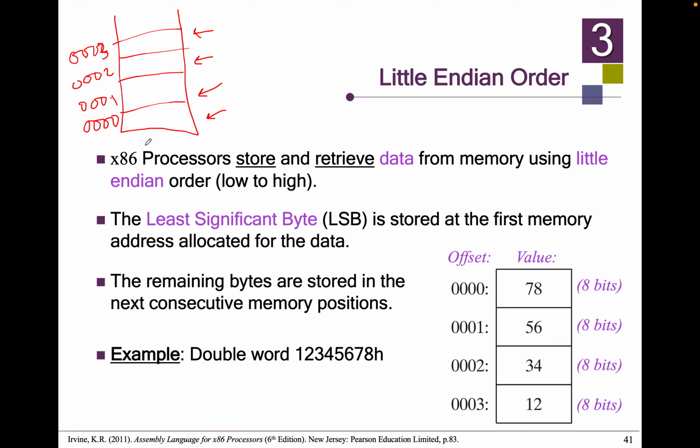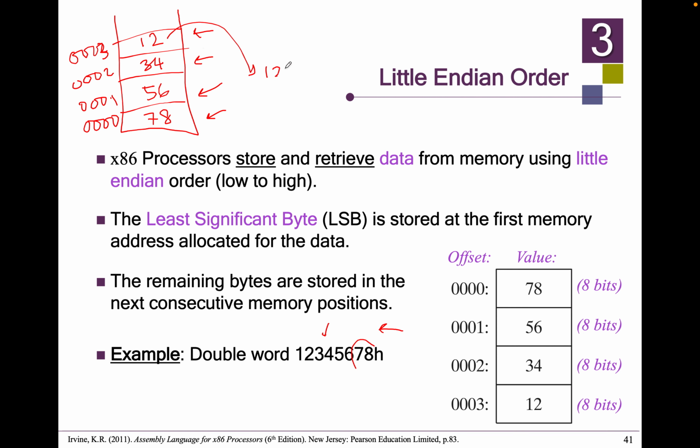So first of all, you're going to have 78H. Then you have 56. You can see you start from the back. And then you have 34, and another one is 12. So when you want to take it out, you start from 12.